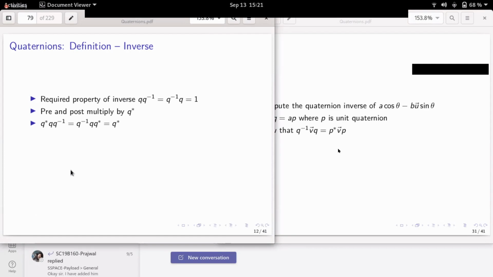So in each case, if you do it separately, what will you get? Since we know that Q star Q is a scalar quantity, we can do this operation. That is, Q inverse is Q star divided by norm square. I derived it now actually.